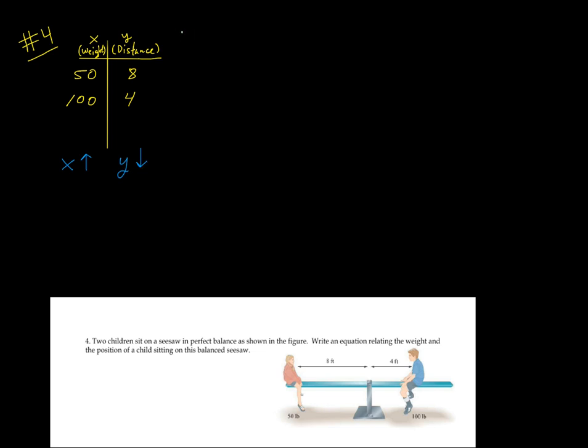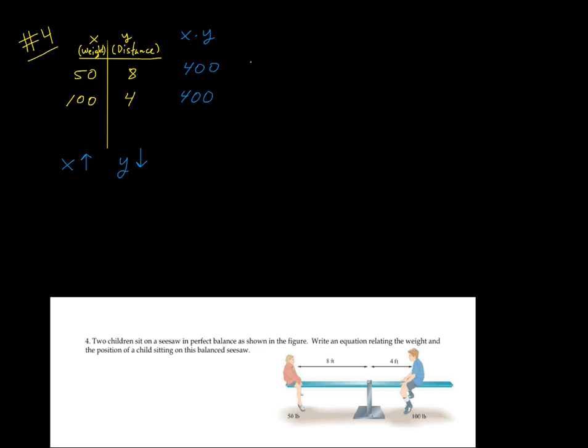And so notice if I look at the product of the weight and the distance, x and y, well, 50 times 8, that's going to be 400. And likewise, 100 times 4 is 400.